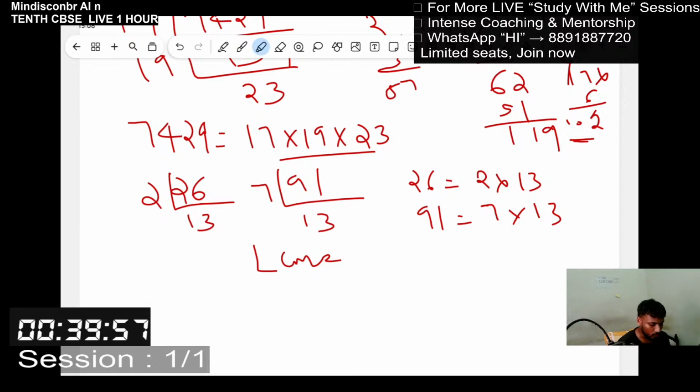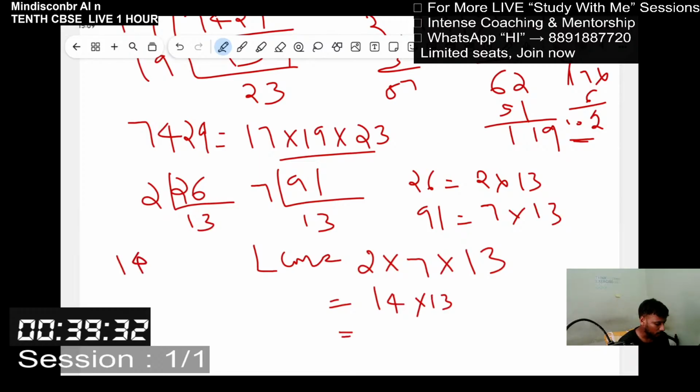So here we can include 2 into 7 into 13, which is the greatest. So 2 into 7, 14. 14 into 13 is 182. 182 is the LCM.